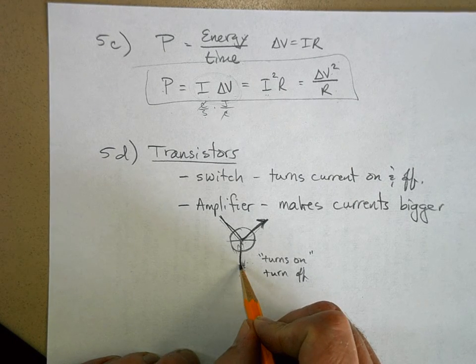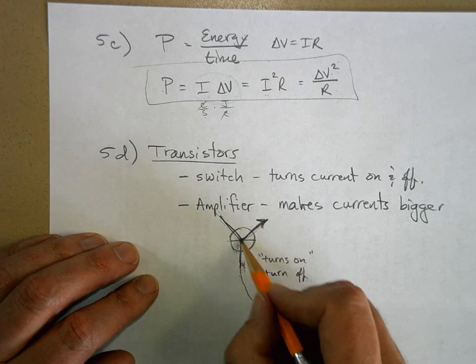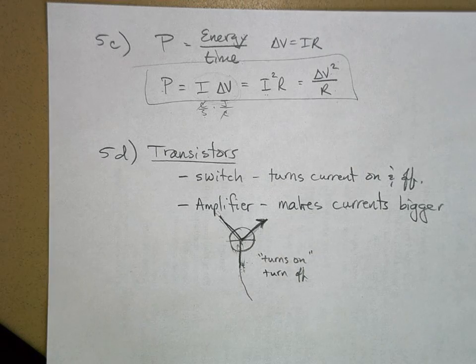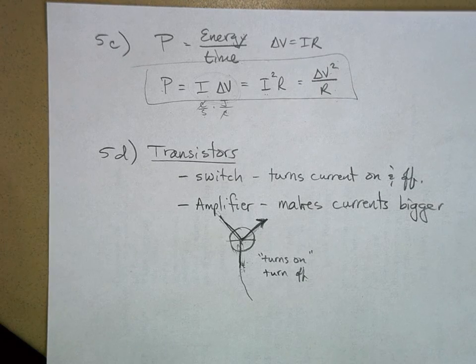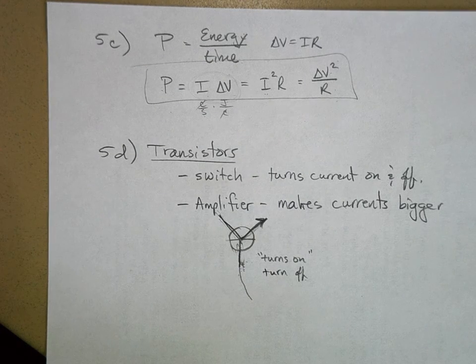What does that allow to happen over here? It allows a great big current to flow, and that great big current can go to your speaker, because you need a lot of electricity to make a speaker work. And so it amplifies the signal. You can't run a radio on just the radio signal that you get through the antenna. It's too weak.